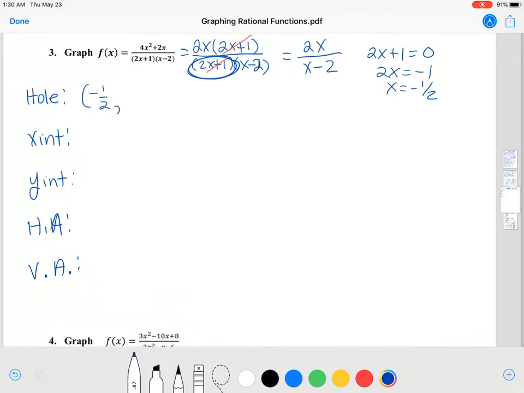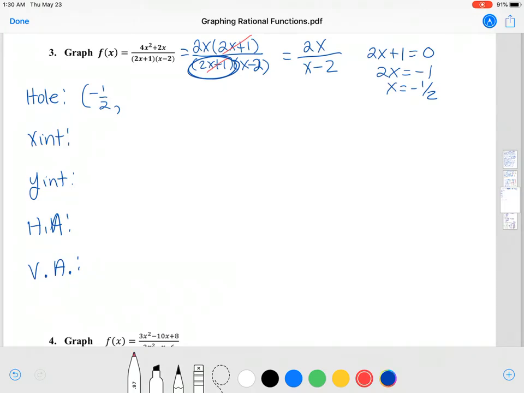Now, to find the corresponding y value of the hole, you can't take that -1/2 and plug it back into the original because you're going to end up dividing by 0, which defeats the purpose. So what you want to do is plug it in to the simplified version.